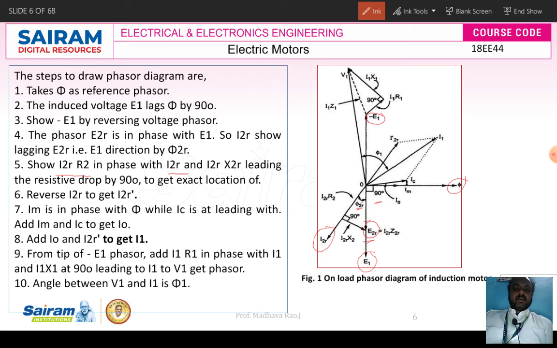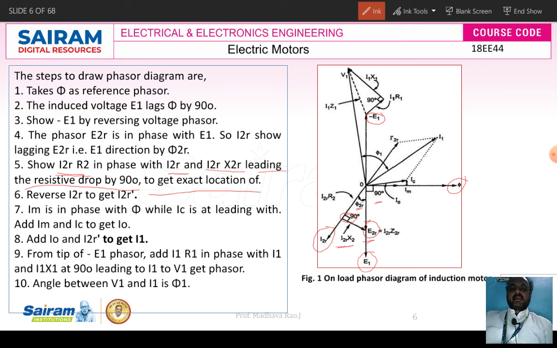Next one, I2R into X2R leads the resistive drop by 90 degrees. So this is the inductive drop, or reactance drop. It leads by 90 degrees the drop across the rotor resistor, so the rotor resistor drop is I2R into R2.